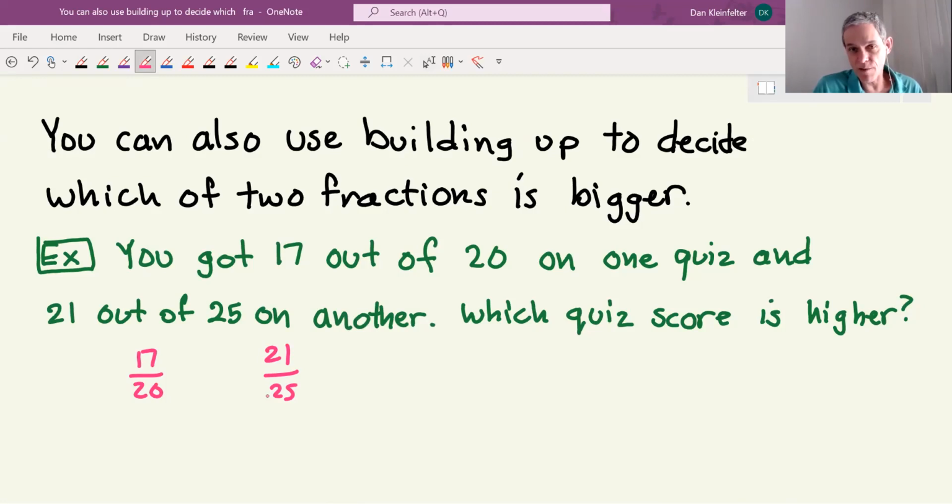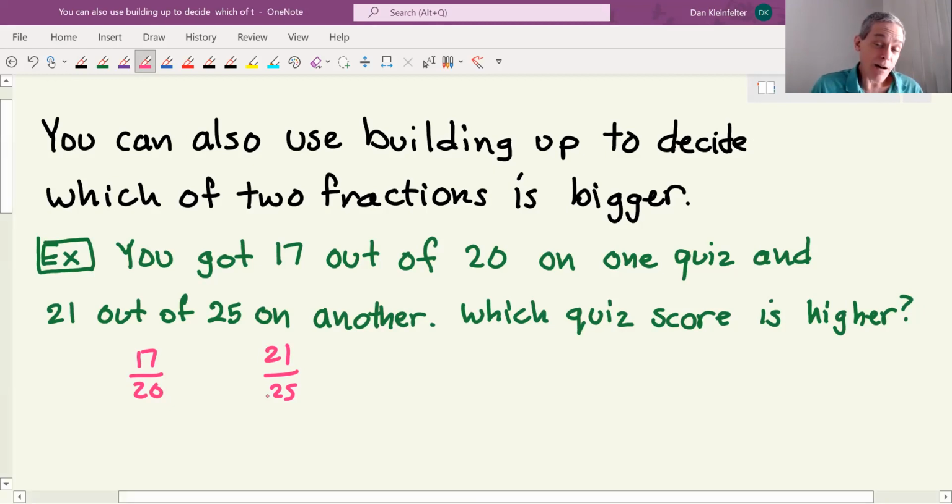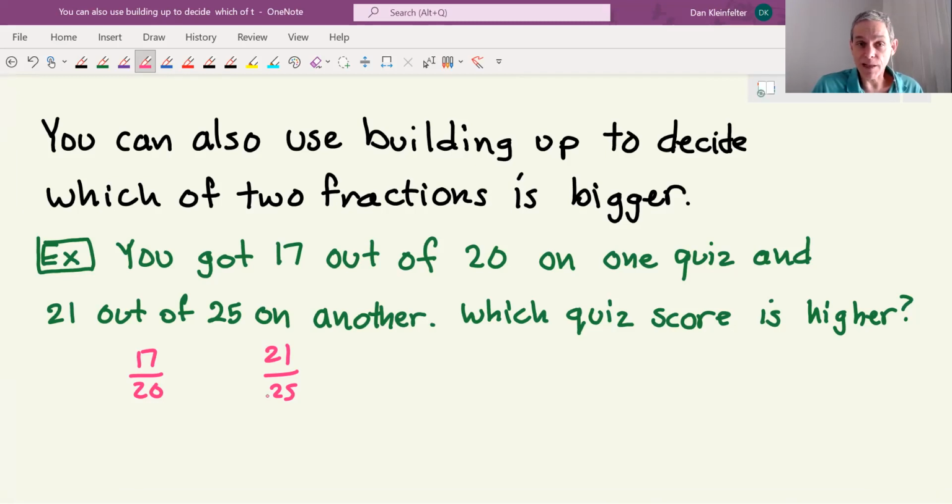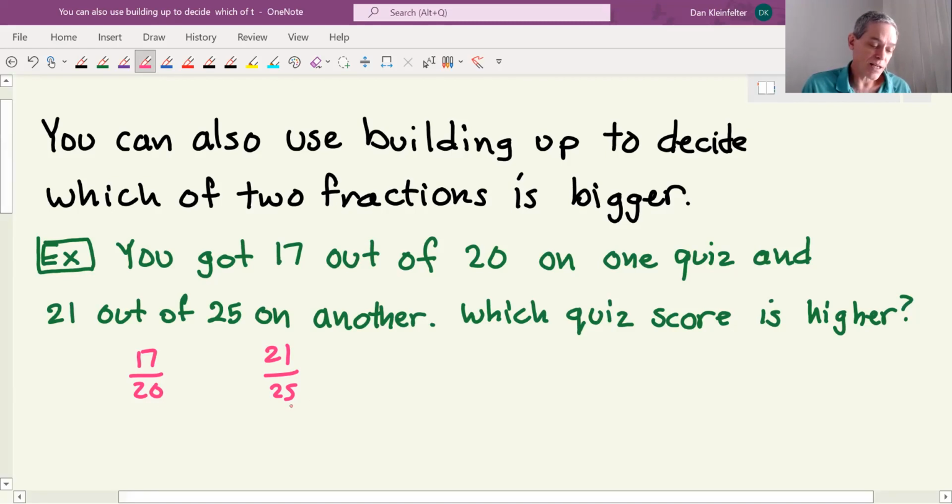One thing we could do would be to turn this into a decimal or a percent, but that's not what we're doing today. So our other option would be to ask, what if the 2 quizzes were out of the same amount of points? That's what we'll do. Taking a look at 20 and 25, we'll think about what would be a number that both 20 and 25 will divide into.